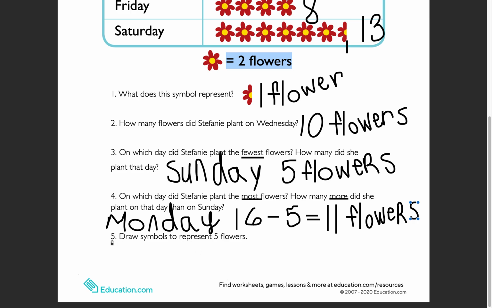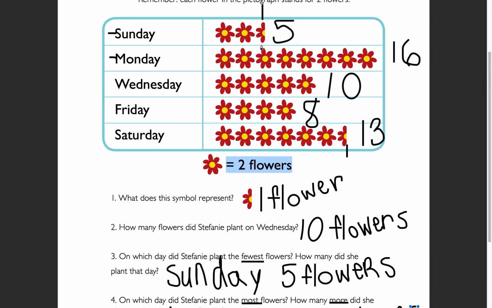All right, number 5, our last question. We're almost home. Draw symbols to represent 5 flowers. So we have to draw something that looks like that to show 5 flowers. And remember the key, 1 flower is 2. So can I draw just 5 flowers and count 1, 2, 3, 4, 5? No, I can't, right?